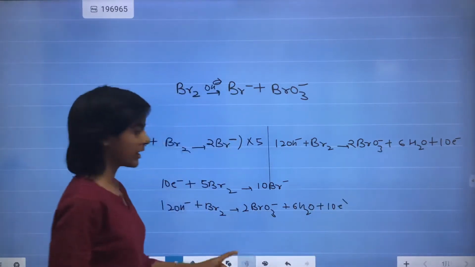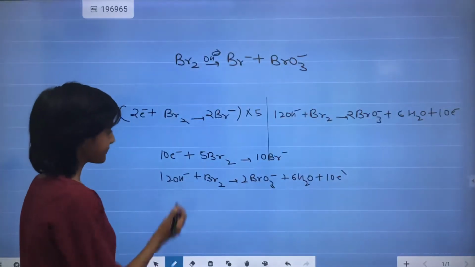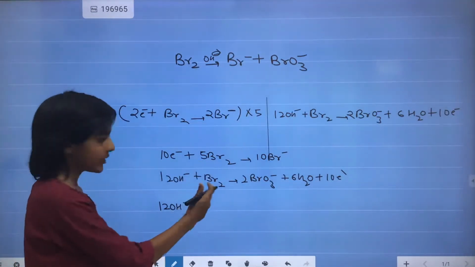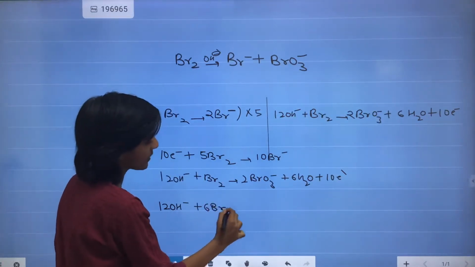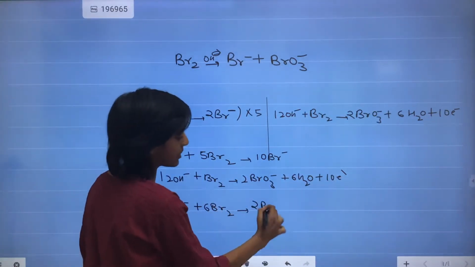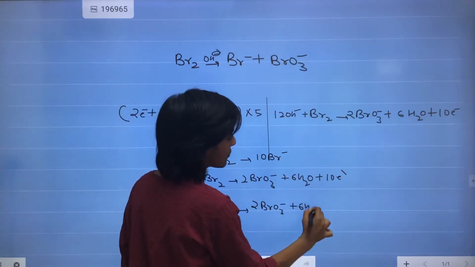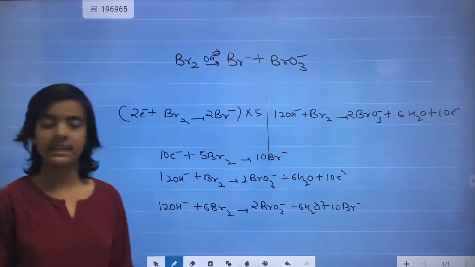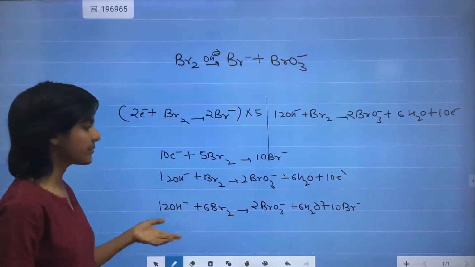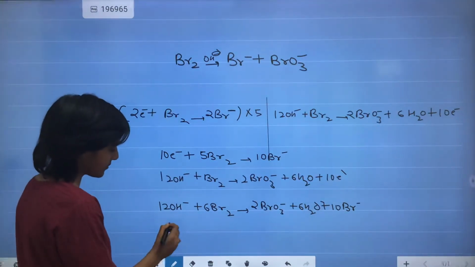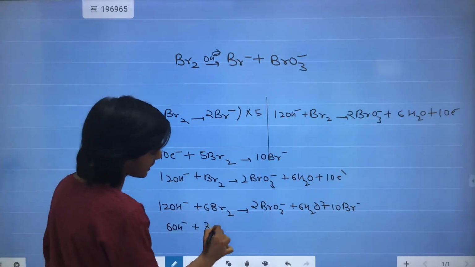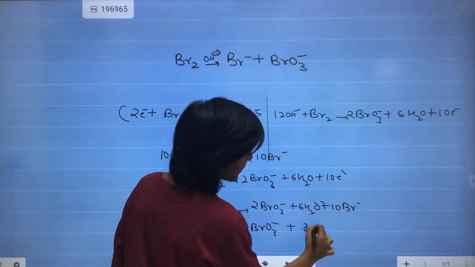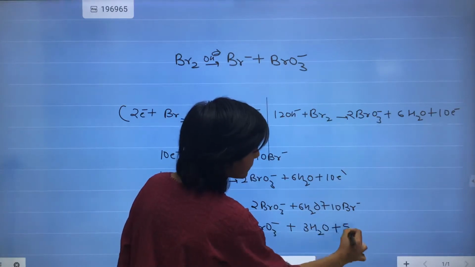So the 10 electrons and 10 electrons will be cancelled out, and it will be 12 OH minus, 5 Br2 and 1 Br2, which is 6 Br2, giving 2 BrO3 minus, 6 H2O and 10 Br minus. So the reaction is balanced, and in simplest form, because it is divisible by 2, we can write it as 6 OH minus plus 3 Br2 giving BrO3 minus, 3 H2O and 5 Br minus.